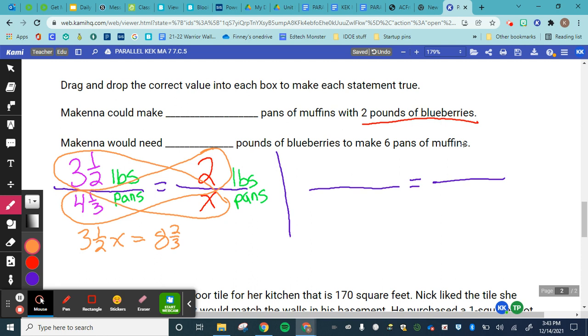But I know I'm not finished yet because X is not alone. We have not figured out the number of pans yet. And I remember that there's multiplication there that is 3 1/2 times X. So I will need to divide both sides by 3 1/2.